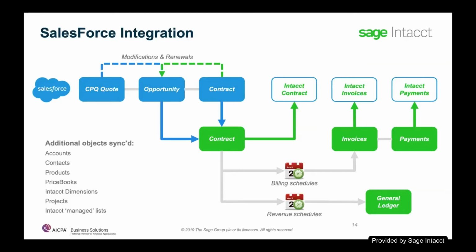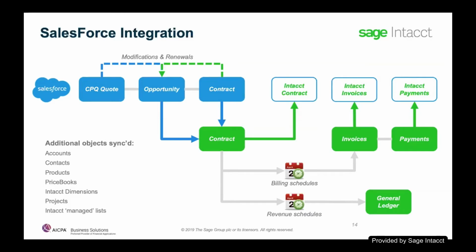The integration that we have built out allows both Salesforce and Sage Intacct to stay in sync at all times, have both sets of data talking to each other, and not have any issues with disparate systems or different sets of data that don't match up or need to be reconciled.